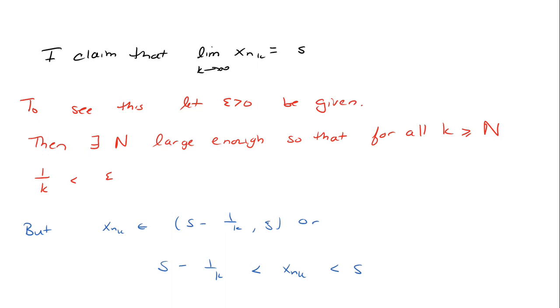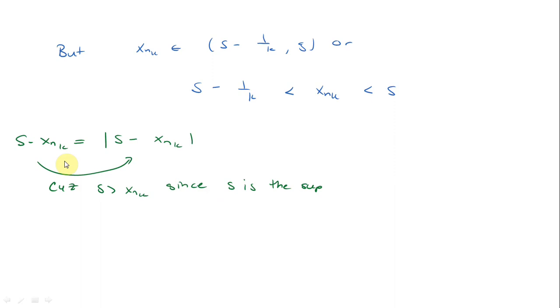So x_{n_k} belongs to that interval. So that means if I expand that interval, I get this. x_{n_k}'s are bigger than the s minus 1 over k, sorry, smaller than the s's. So that's positive, so I can slap on the absolute value. These two things are the same thing. And by just adding the 1 over k to both sides, and subtracting the x_{n_k} to this side, I get that this guy over here is less than 1 over k.